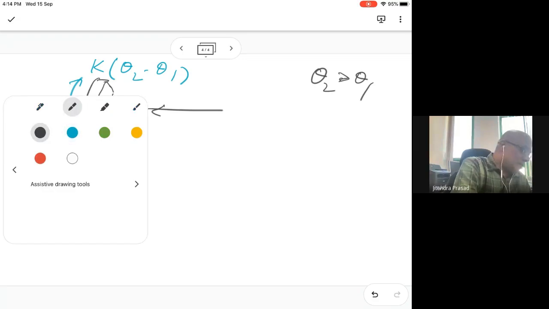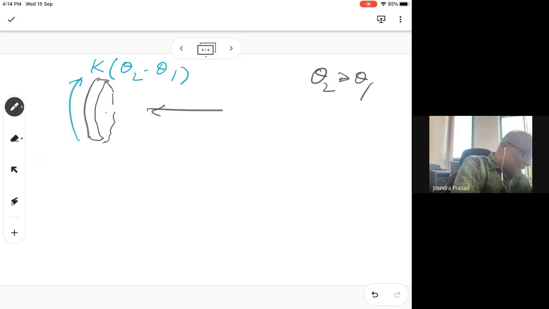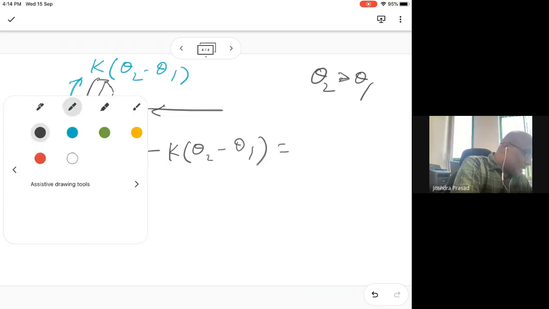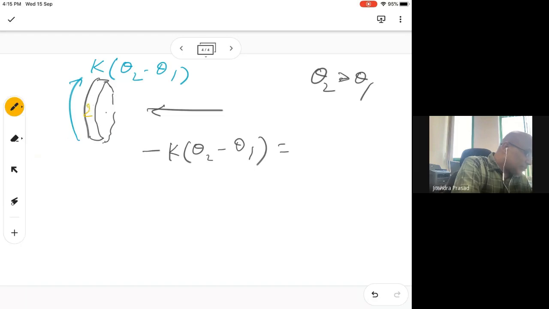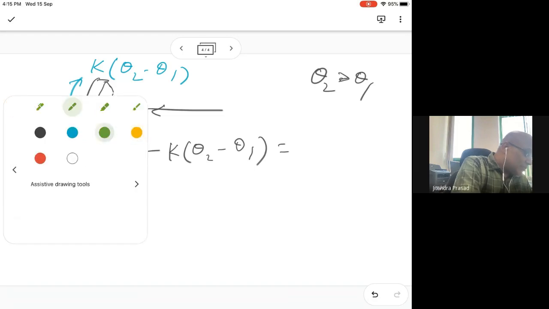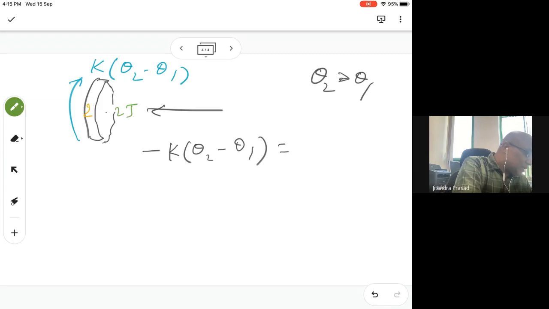Hence, in the rotational equation, since this is clockwise, we write minus k(θ2 minus θ1), which is equal to 2J, so this is number 2, times θ2 double dot. This is equation number 2.